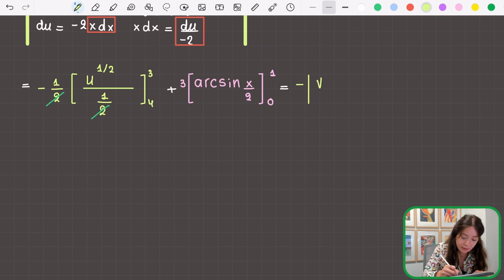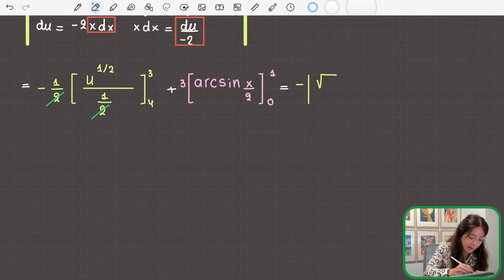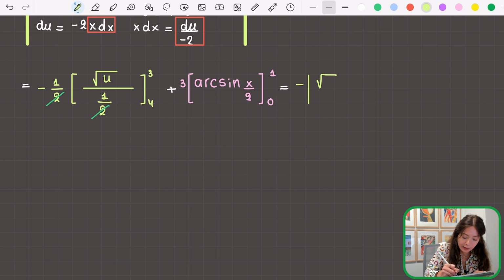And I'm going to do here, instead of having u to the power of 1/2, I can go back to square root of u. So I'll have square root of 3 minus square root of 4.